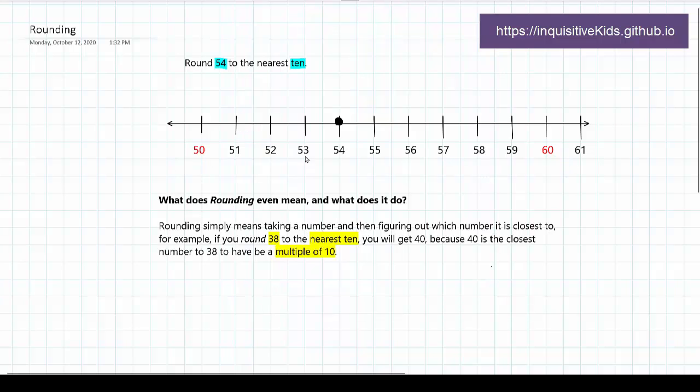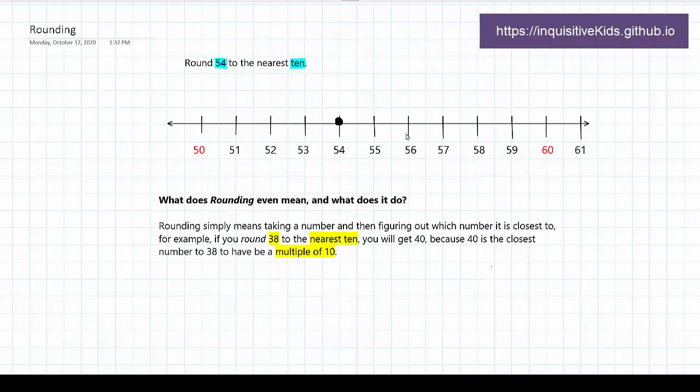You'll get 50 and 60. This means that 54 is in between 50 and 60. Now we have two options of how we can round 54. But how do we know if 54 rounds to 50 or 60?